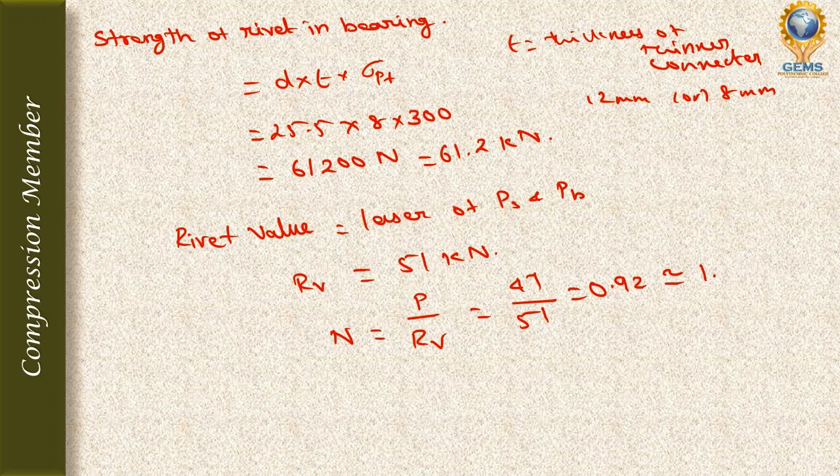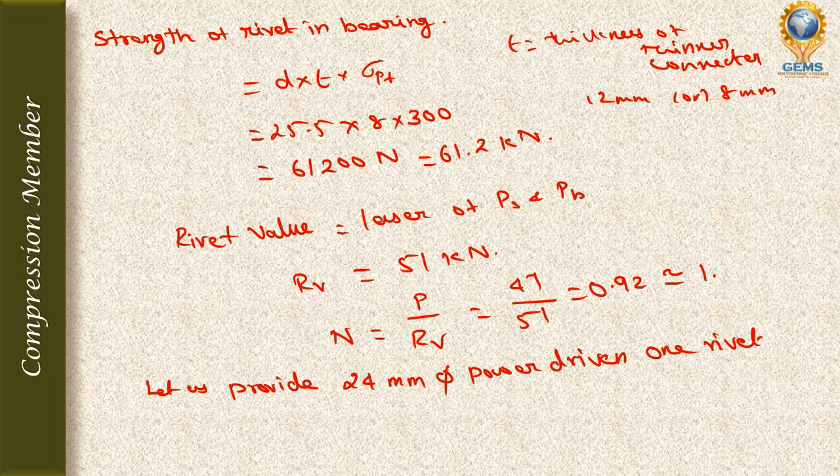So we will use one rivet. Let us provide 24 mm dia power driven one rivet at each end of the strut. So this is the number of rivets we found.